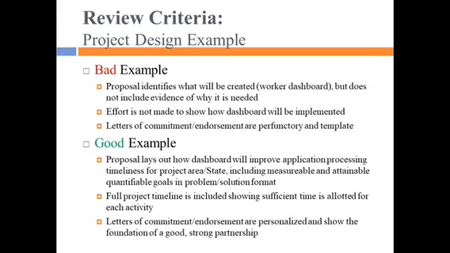They're just templates. In an example that would receive more points, the proposal really lays out how the application processing timelines are going to be set up, includes measurable and attainable quantifiable goals. The full project timeline is included, and those letters of commitment are personalized and show that there's this foundation of a relationship that's going to move this project forward.